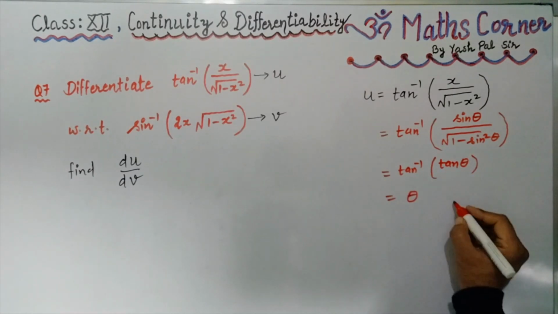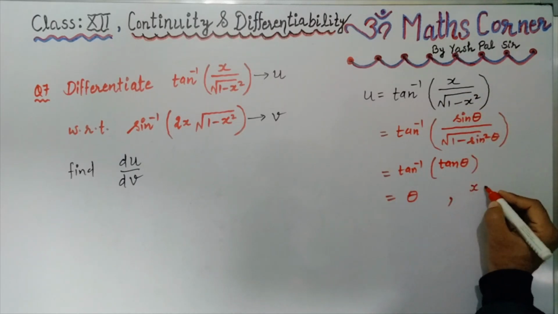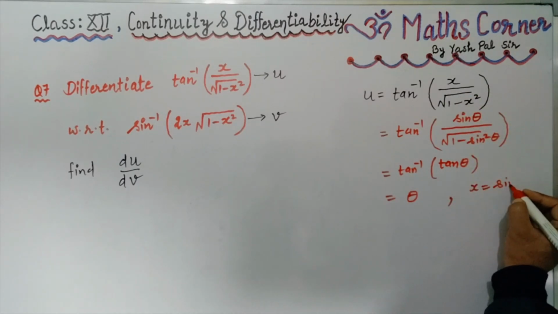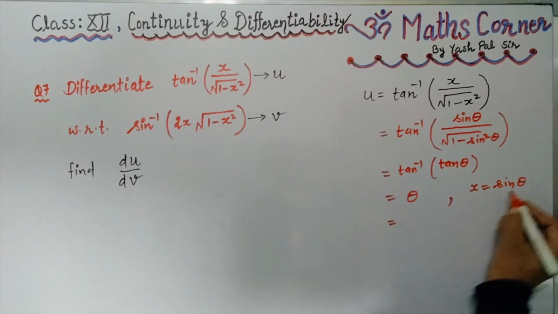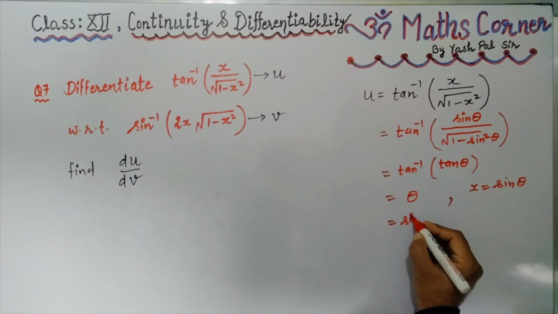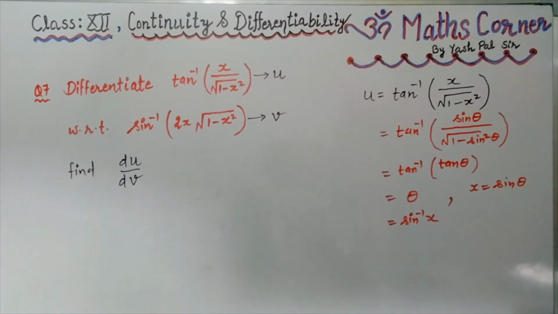So tangent inverse tangent cancelled, only theta we are left with. What we have substituted? We have substituted x is equal to sine theta. So from here we can say theta is equal to sine inverse x.